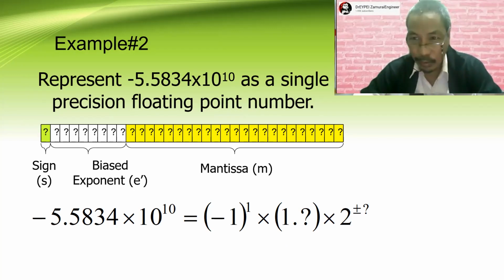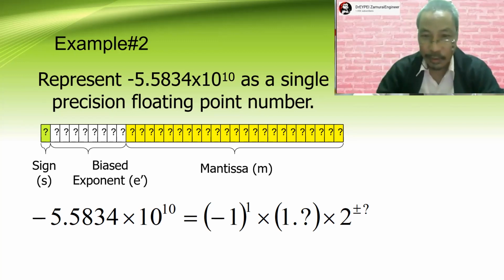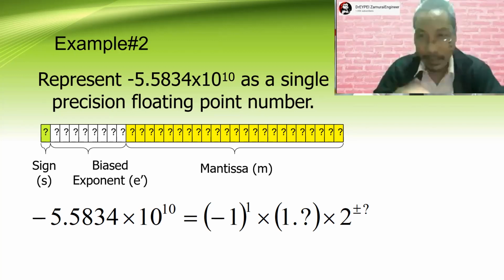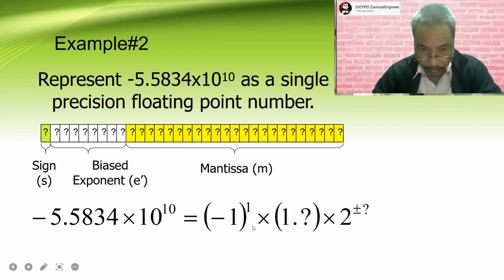We already know how to do it from the previous video and from my example. The decimal component, multiply by 2, multiply by 2. The integer component, divide by 2, divide by 2, and so on. I already showed that. I don't need to repeat it over and over again.